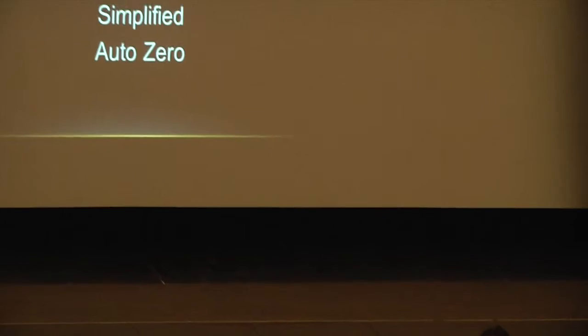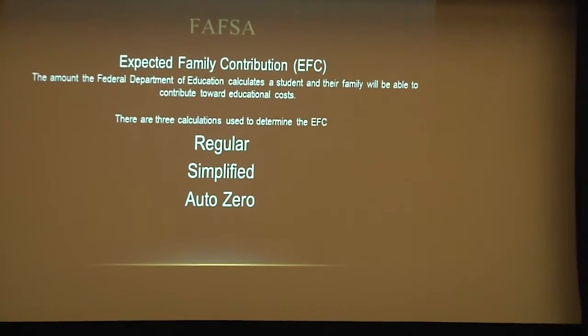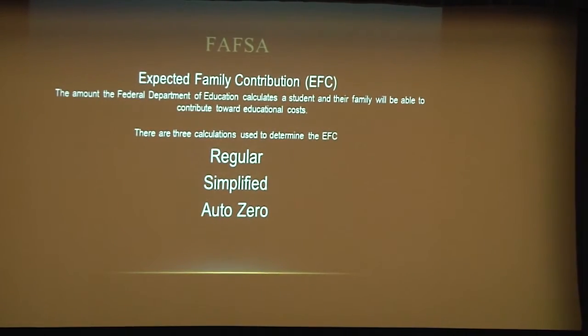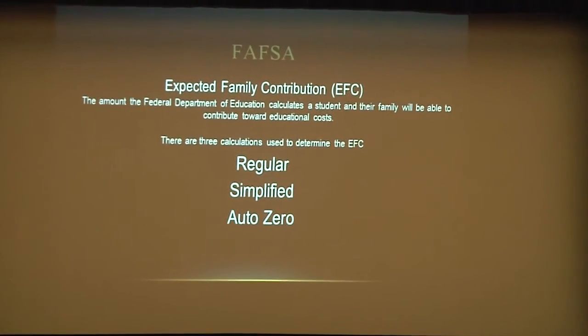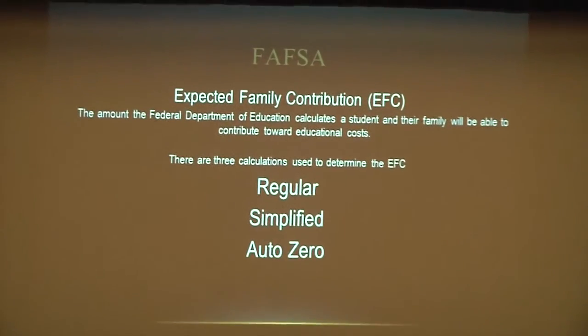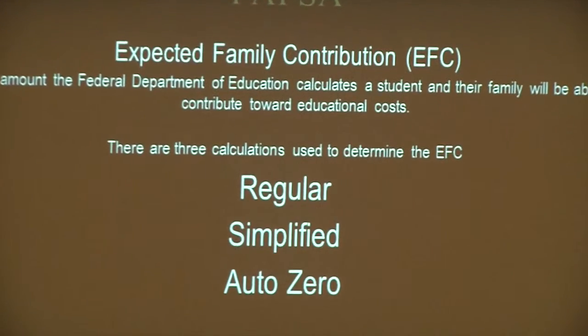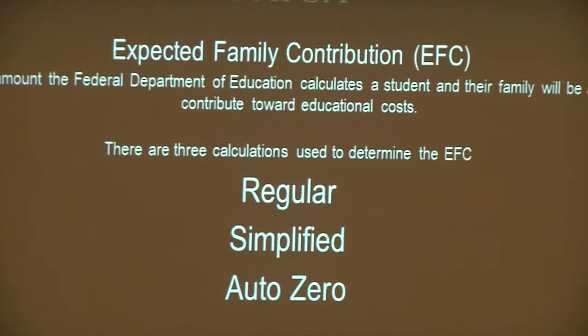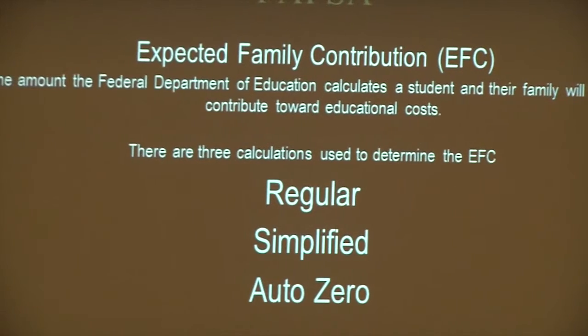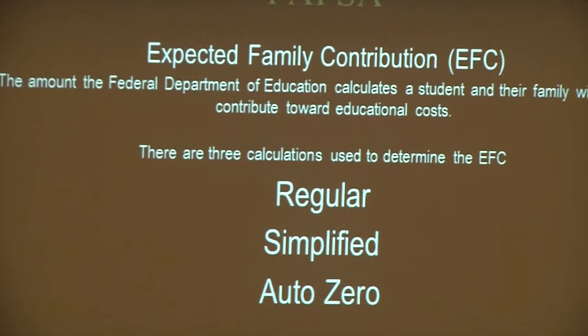It may not be something that strikes you as being completely available at that time in liquid cash to be able to plump down on a desk at the college and pay that tuition for that semester. And that's okay, because colleges don't expect that. It actually is not a very helpful number for you, and it doesn't really mean much to you. What it does is it helps the colleges determine what type of financial aid a student is eligible for.